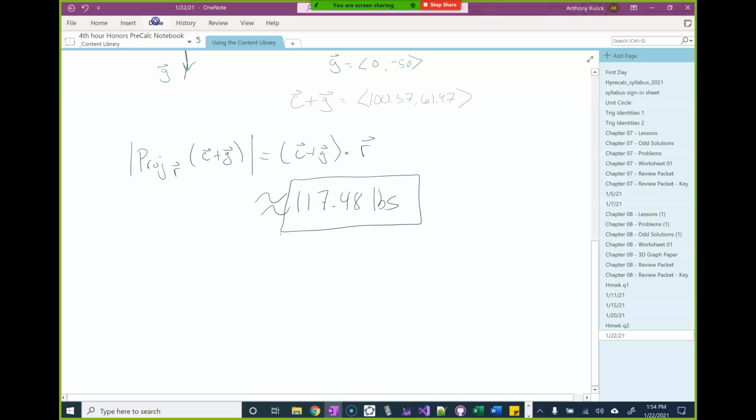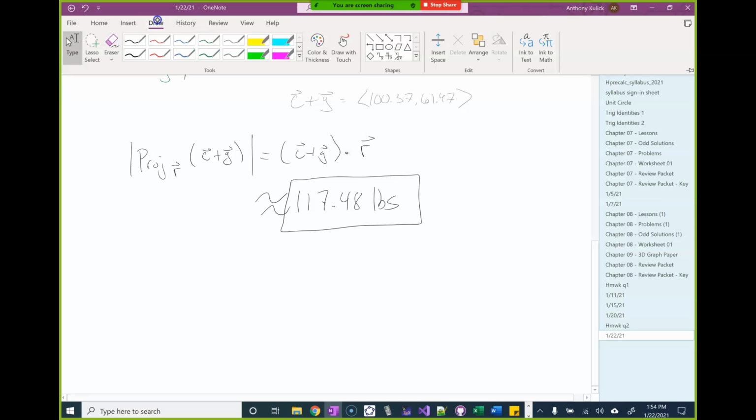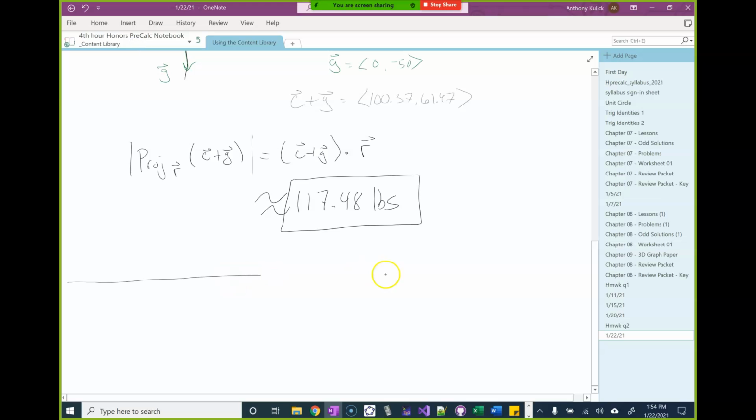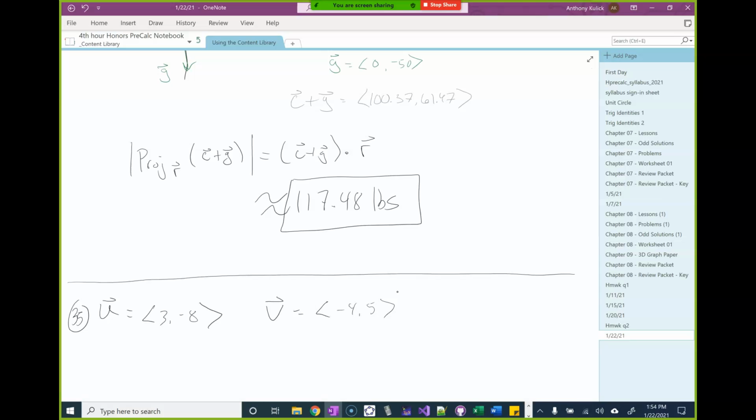Okay, so we want V. So if I go back and look at the formula, we had a formula for this. Where was it? I just want to double check because I don't want to write down the wrong thing. I think I remember what it is, but knowing my luck, I would have written down the wrong thing.